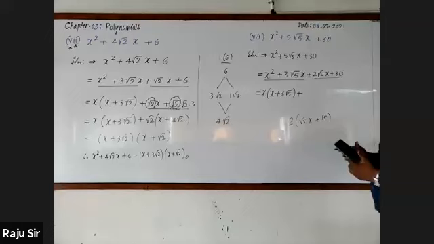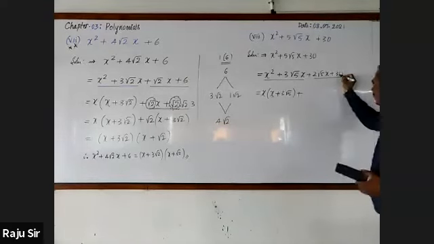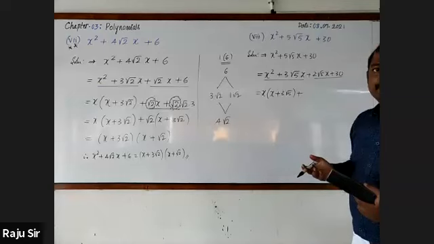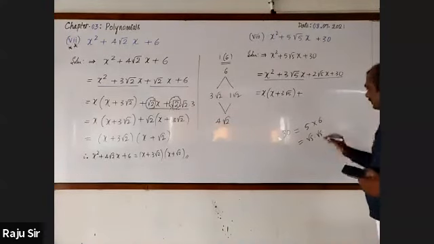30 should be rewritten. Let me tell you why it should be rewritten. Here 30 and here root 5: 5 and 30 are the multiples of 5. Here 30 is equal to 5 into 6, and 5 can be written as root 5 into root 5, into 6.